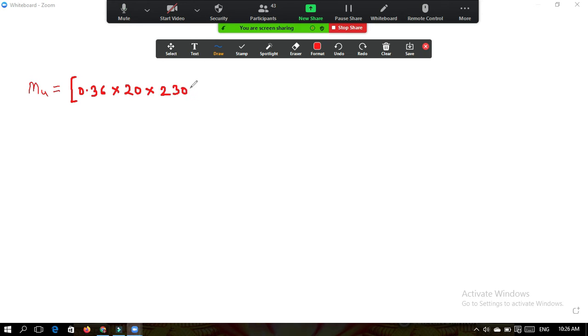BW value is 230, into XU is 85.45, into D minus 0.42 XU. So D is 400 minus 0.42 into XU. XU is 85.45. Okay.